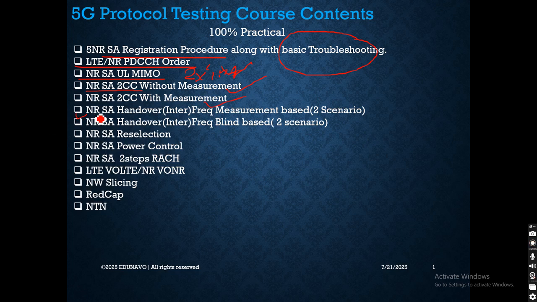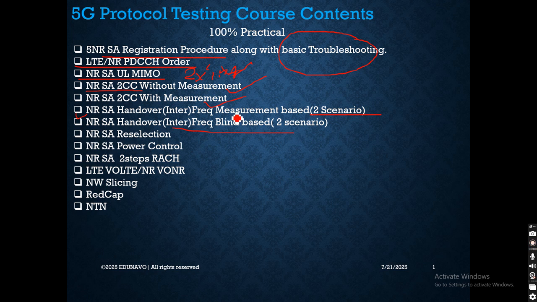Next, NRSA handover inter-frequency measurement based. In handover, we have measurement based handover and we have blind handover. I will discuss two scenarios of measurement based and we'll take one or two scenarios of blind handover as well, to understand the differences in the configuration file which we need to configure, and then how, in terms of the log, we will see whether blind handover is triggered or not.